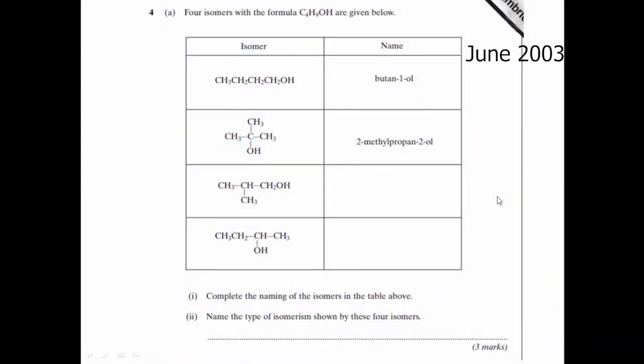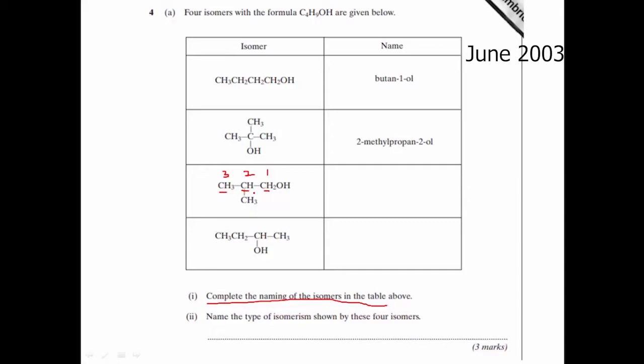So we have 4 isomers with the formula C4H9OH, and we need to complete the naming of the isomers in the table above. So we have 3 carbons in the longest chain. This is the first one, the second one, and the third one, right?